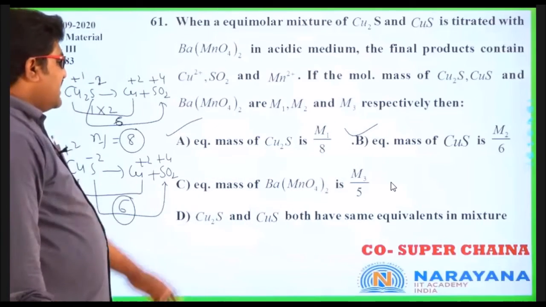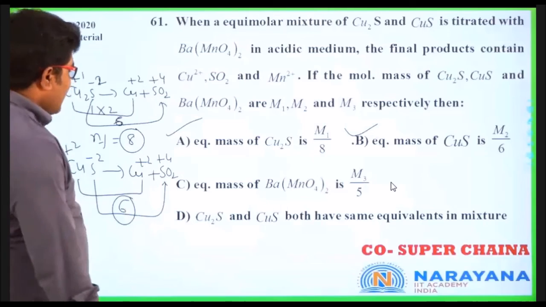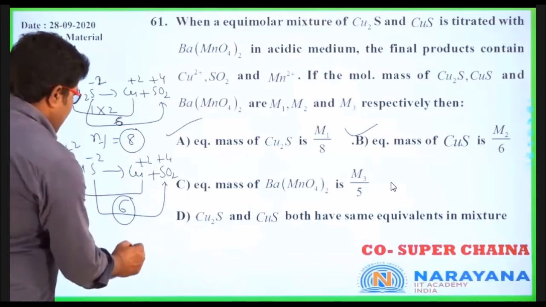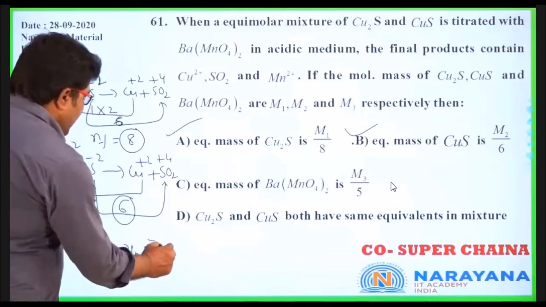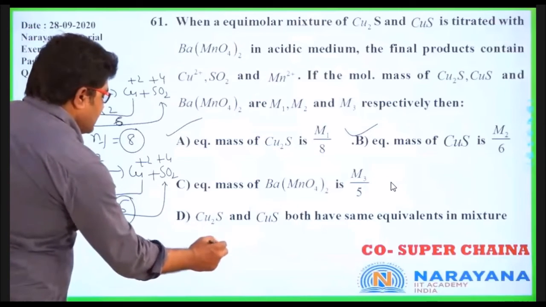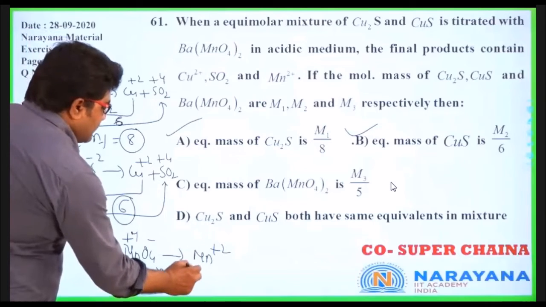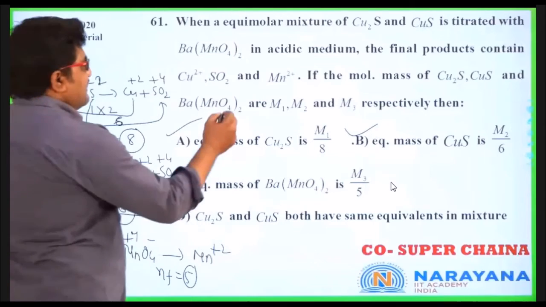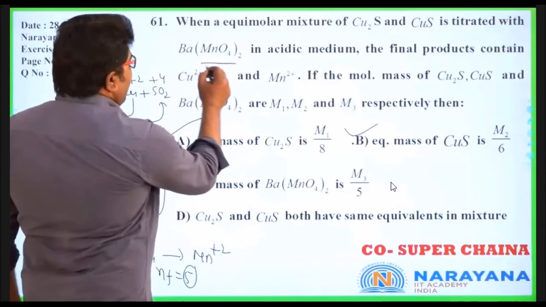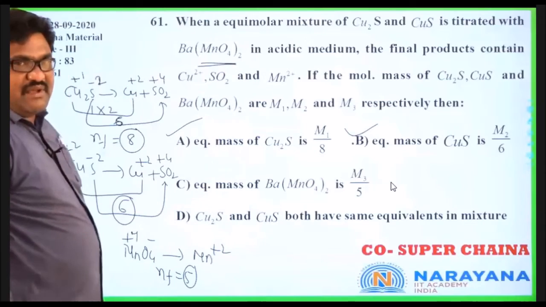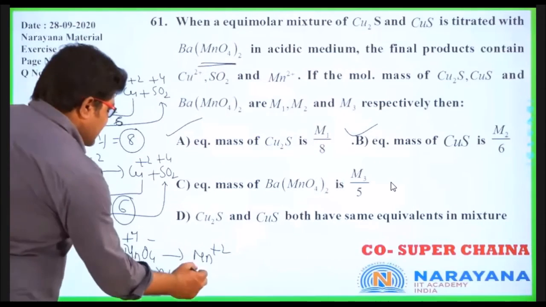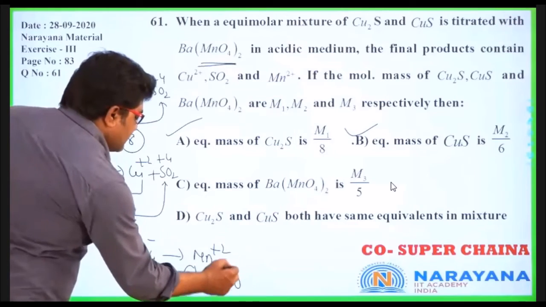Equivalent mass of barium permanganate is, here MnO4 minus can be converted to Mn plus 2. From plus 7 to plus 2, so here n factor is equal to 5. But in barium permanganate, we have 2 permanganate ions. So the total change is 10.